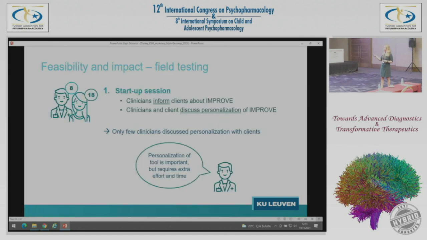Okay, so this is a startup session, so the clinician has to inform the client about the IMPROVE app, and the clinician and the client discuss personalization of IMPROVE. Now, what was very interesting was that only very few clinicians discussed personalization with their clients. Remember that this was seen as one of the biggest benefits, or the extras that we needed: personalization.